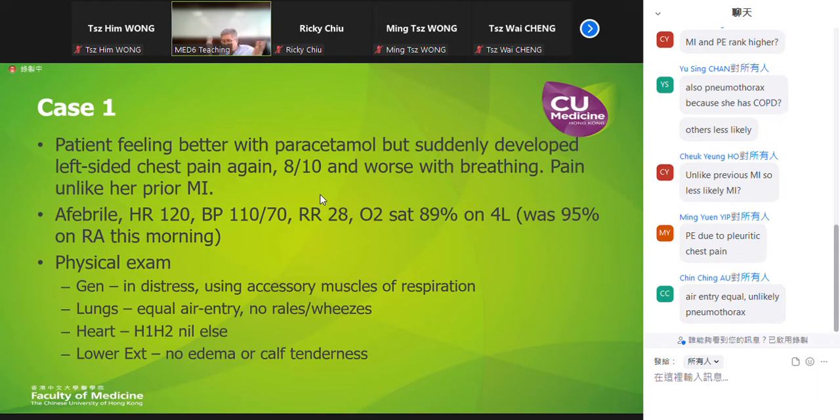So now it's down to MI or PE. I'm not saying you can definitely tell the difference, but with this information, were you leaning more towards MI or PE? Or you can't tell, you can't extract any more information.